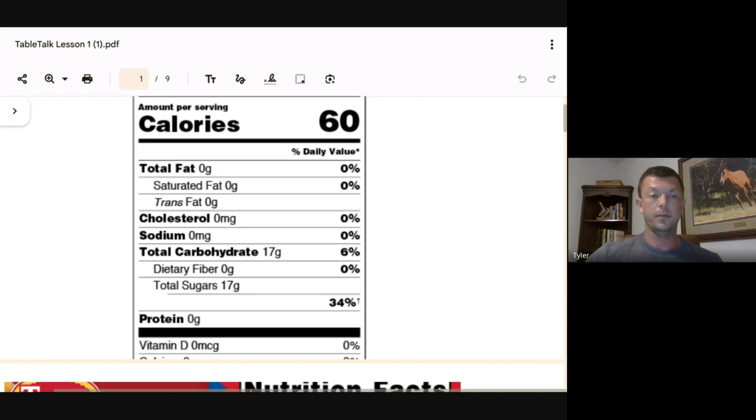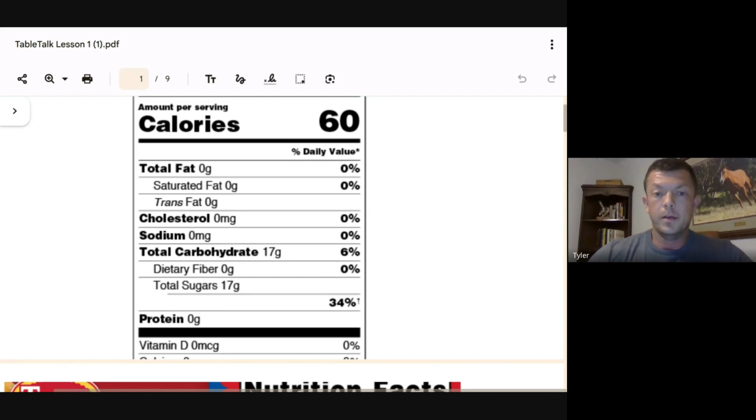The only real difference that's noteworthy is that on some products, they are now required to show a per serving column and a per container column. And that's really the only major change in the last 30 or so years.